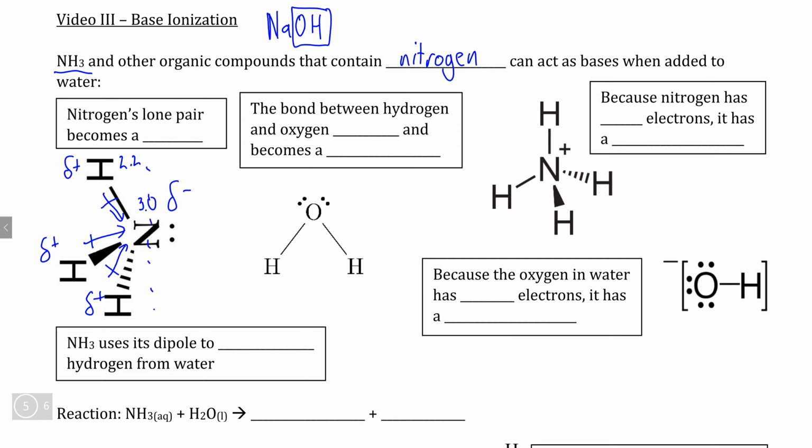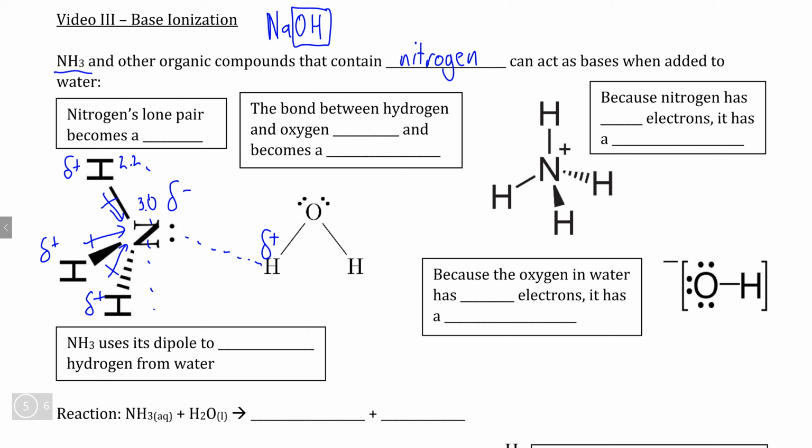Now, what this means is that the lone pair on nitrogen can attract to the positively charged hydrogen that we find on water. And the turning of a lone pair into a bond, as we saw in acid ionization, is exactly the same mechanism that happens, only in this case the lone pair does not come from water, it comes from nitrogen's lone pair here.